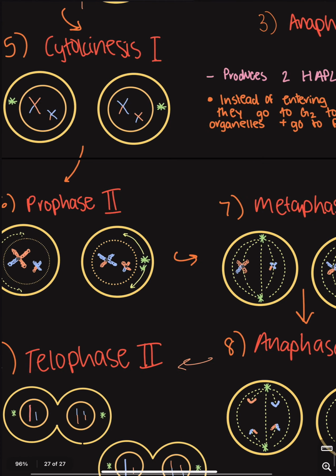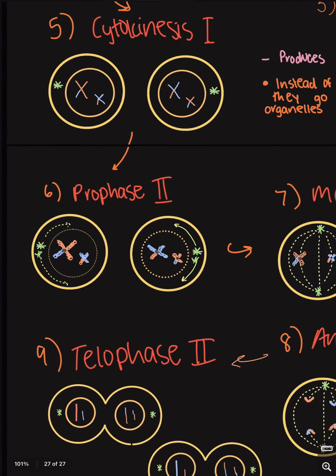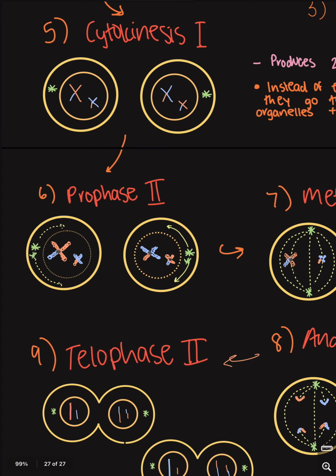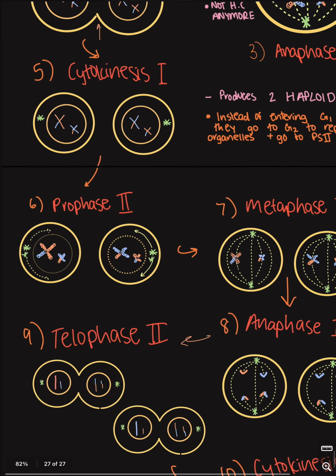And then we saw how these sister chromatids, the X's, actually condense again. So now these are sister chromatids. And then the nuclear membrane also dissolves. And the difference between prophase 2 and prophase 1 is that in prophase 1, crossing over occurs, but in prophase 2, crossing over does not occur.